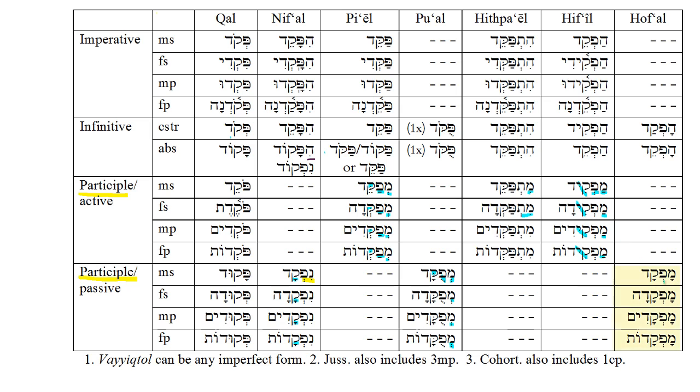And then the Hophal, again the mem prefix and the qamets hatuf is characteristic and definitive for the Hophal. So the participles from Piel to the right are very friendly because of these mem prefixes. The Niphal is a little bit trickier, but you need to look at the theme vowel, that qamets theme vowel for the Niphal. Let's look at some examples.